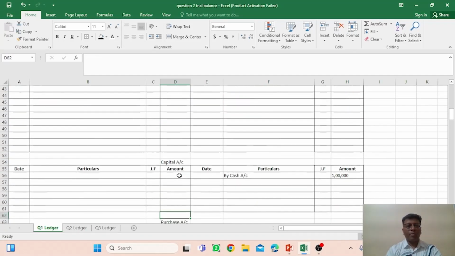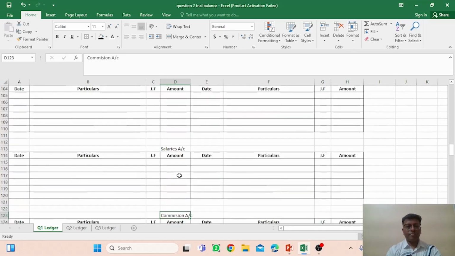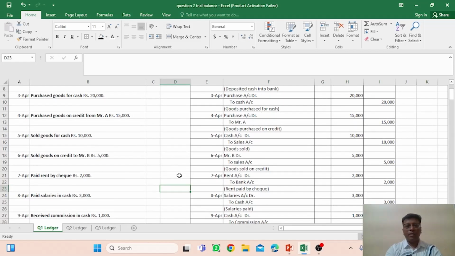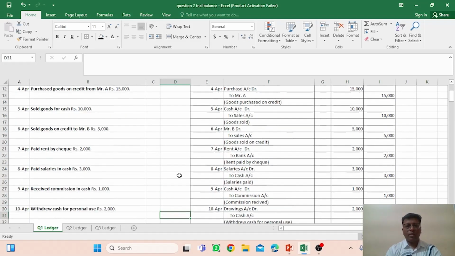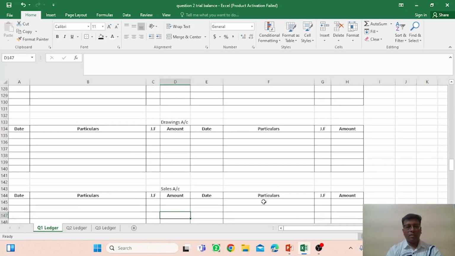So sales account would be opened there. Right. And what is the transaction of sales? That cash account debit to sales 10,000. So already you have mentioned in the cash account 10,000, and now in the sales account by cash account 10,000 would be mentioned in the credit side.